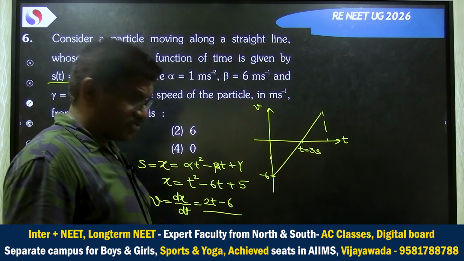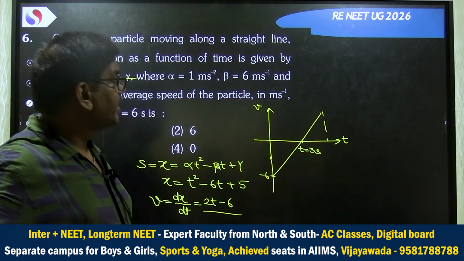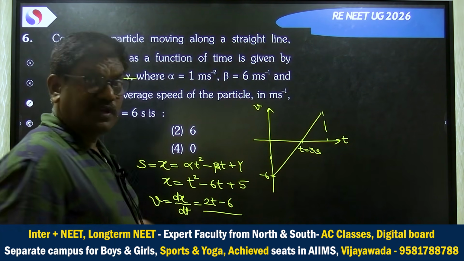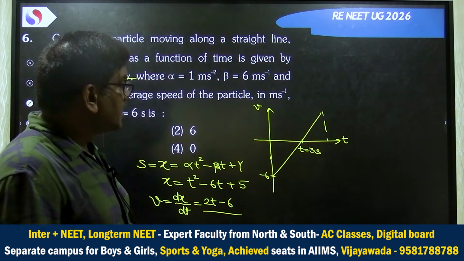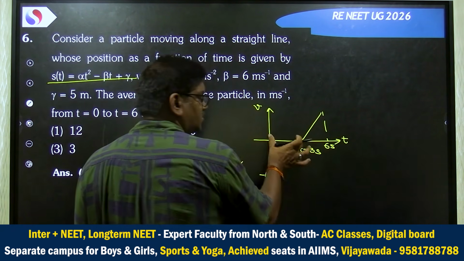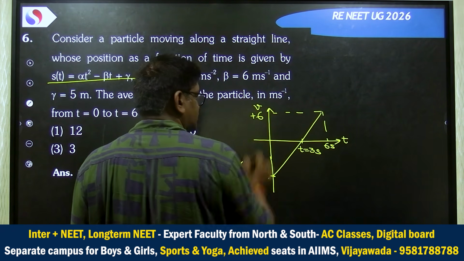If I solve by the equations, it will be tough, because then we have to find the position at t equals 3 where it reverses, and for the average speed we have to find the distance. But here we can find the distance directly just by the area. Now this is 3, so this value will also be 6, plus 6.